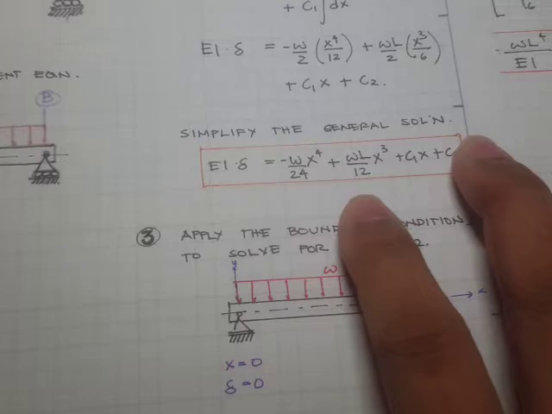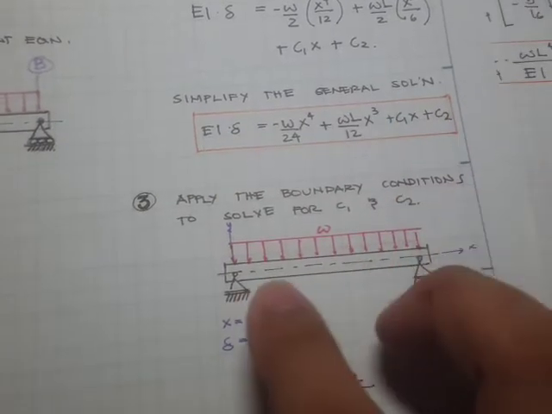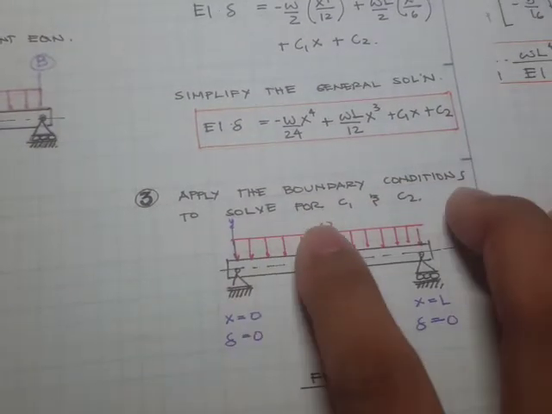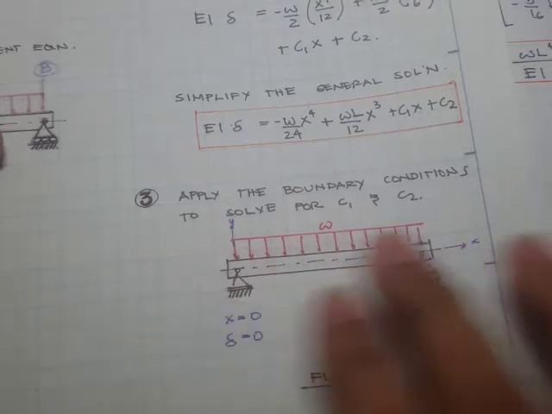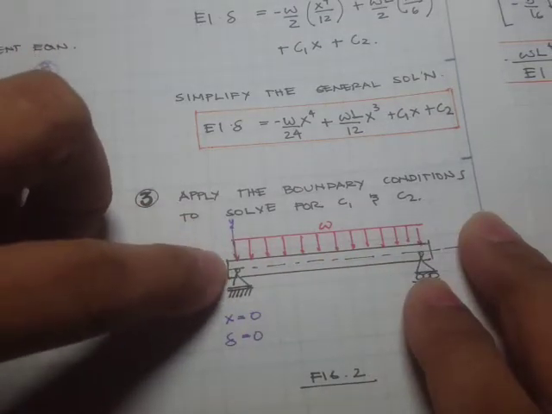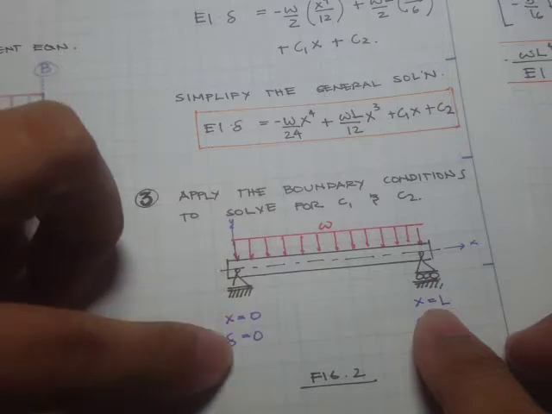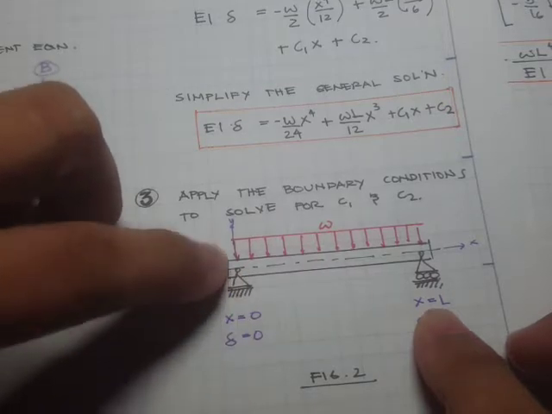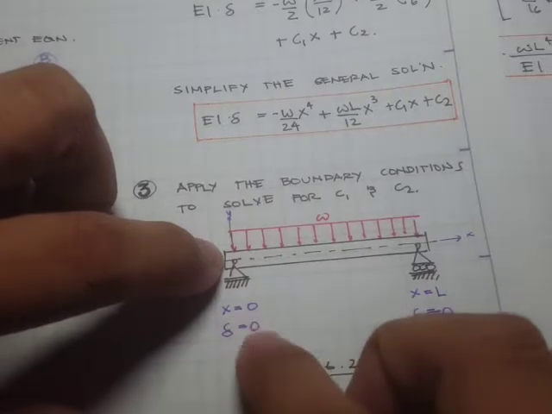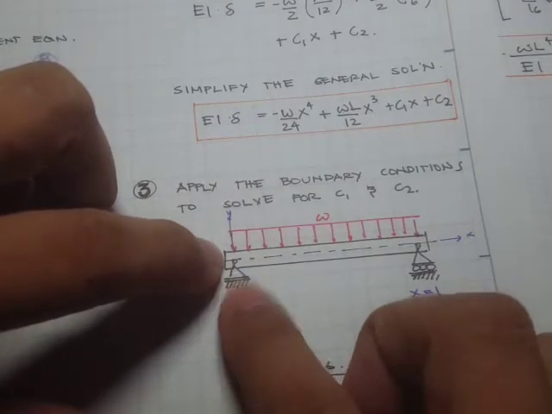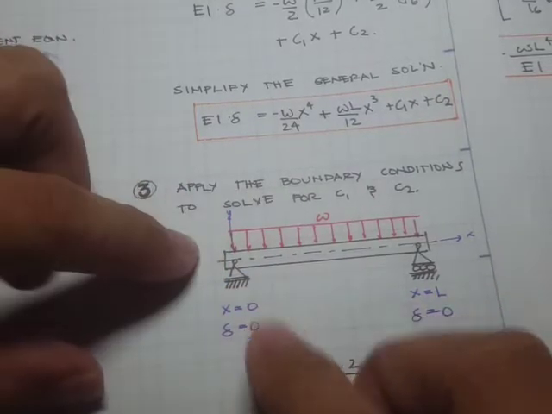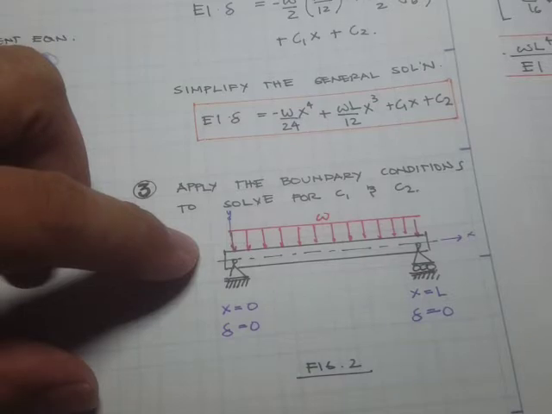Okay, so right here, the boundary conditions of this beam are: at x equal to 0, the deflection is 0. Again, why? It's simply because there is a reaction force here that doesn't allow any deflection.